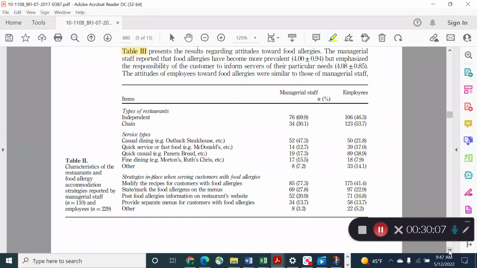So modify the recipes for customers with food allergies was the highest for both groups. 77% of the managers said that they did that. 41% of the employees said that they did that. And then you can work your way down the list.